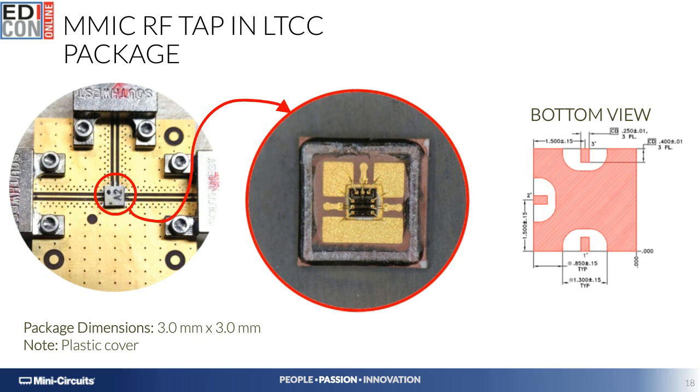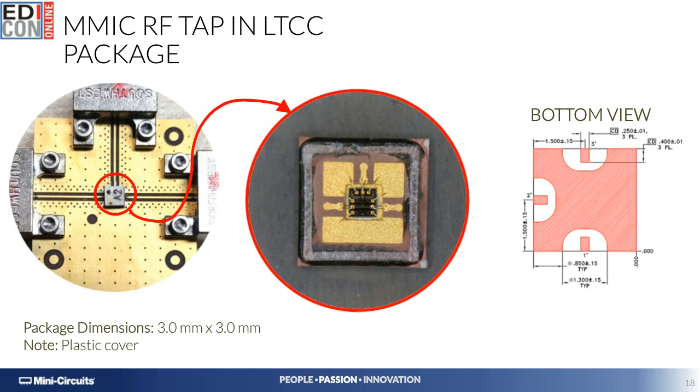We're showing an open construction of our package with an LTCC substrate receiving an integrated circuit, a MIMIC circuit designed here at Mini-Circuits, a sampler to be more specific, which has been wire bonded with very low wire bonding profiles and employing a plastic lid as a cover to the full assembly. Performance on the same will be noticed on the next slide.